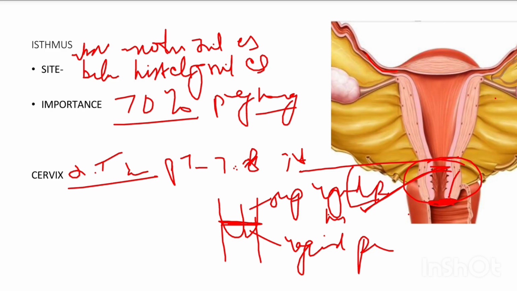In nulliparous women, the shape of the external os is conical with the external os looking circular, and in parous women, the shape of the external os is cylindrical, like a bilateral slit. Uterine cavity is 3.5 centimeter, triangular in shape, with no cavity in the fundus.